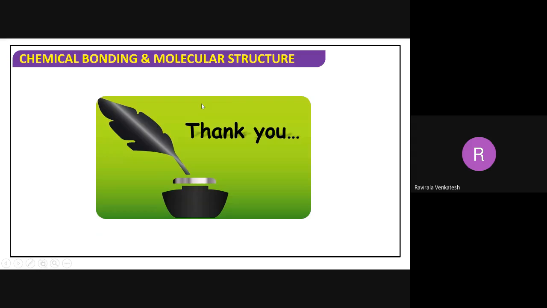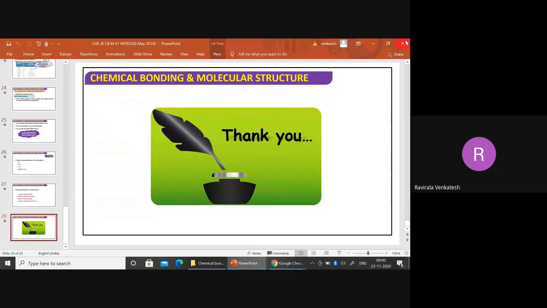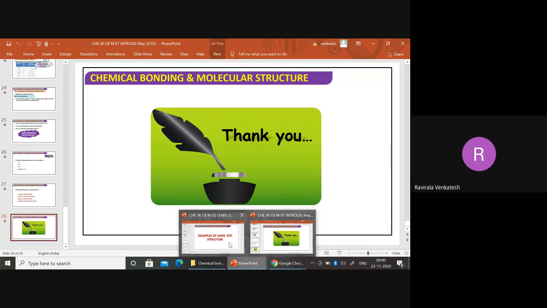Now let me take the second PPT. The main point to remember in this PPT is that elements undergo chemical combination to get the octet configuration by decreasing their energy.